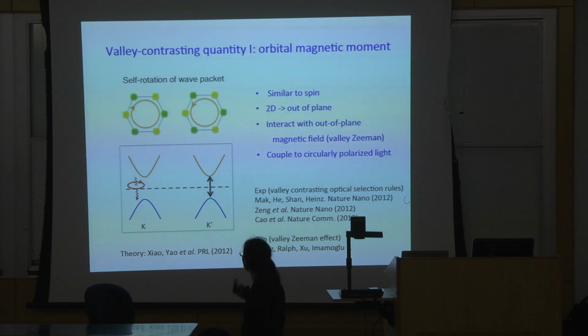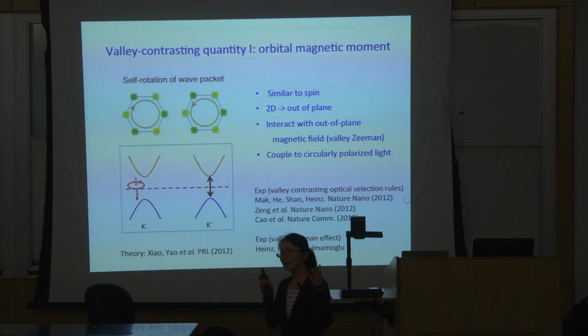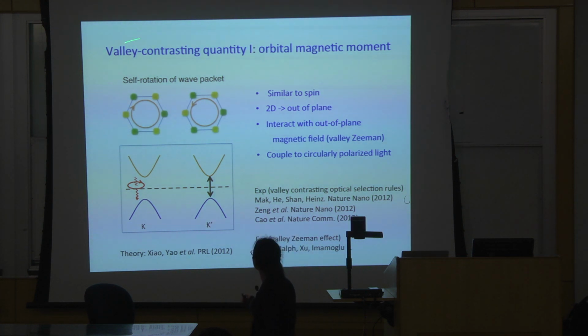So I just want to give you a pictorial view of K and K prime. A simple way to think about the electron residing in the K valley is to think of the wave packet as self-rotating. In the case of the K valley, the wave packet rotates in a clockwise direction, and for the other valley, it's counterclockwise.